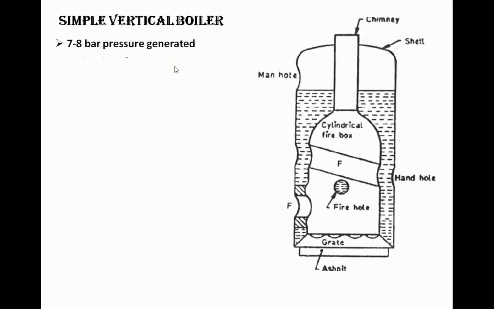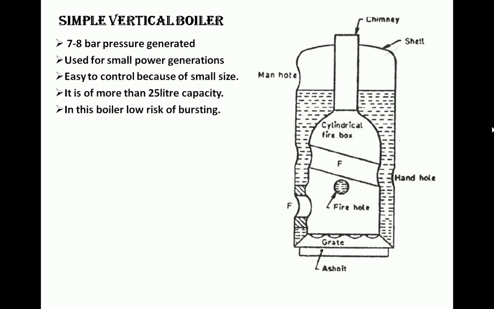Now we study about simple vertical boiler. It is one of the simplest boilers. It can generate pressure up to 7 to 8 bar. It is easy to control because of small size and used for small production. Coal is introduced to the grate through the fire hole. Flue gases travel the entire boiler through the firebox.